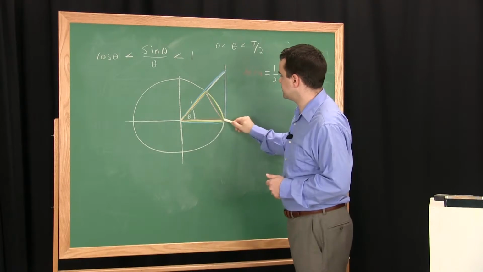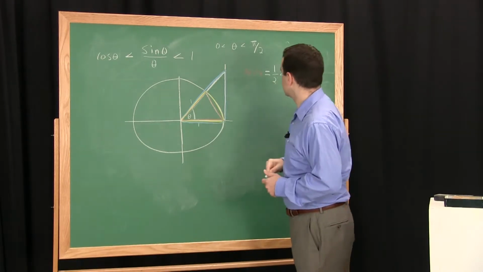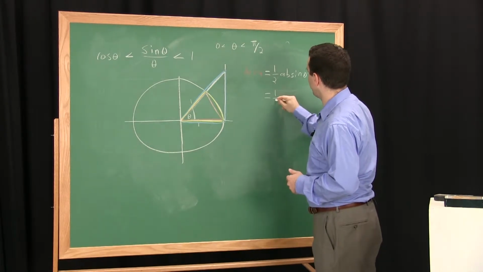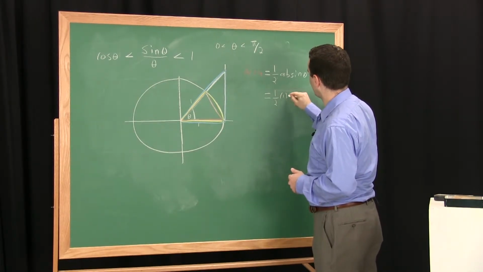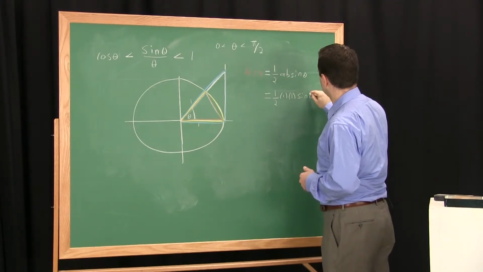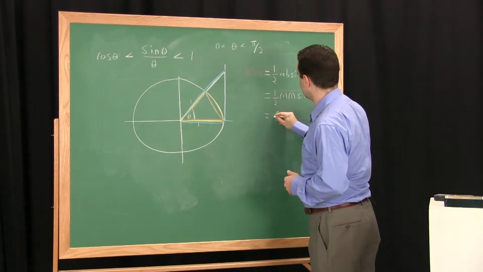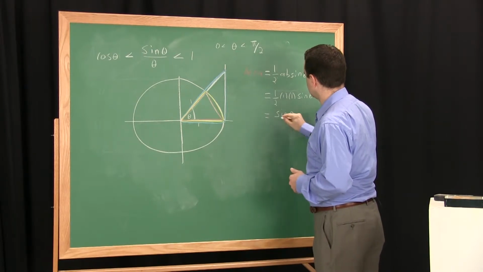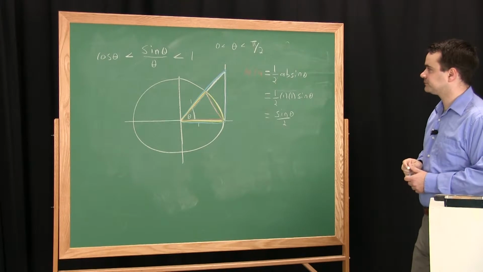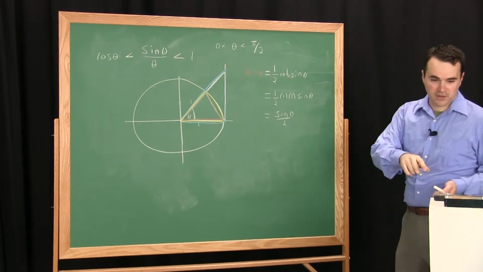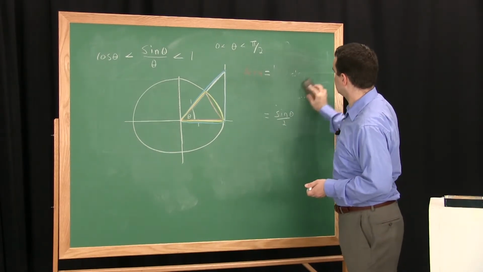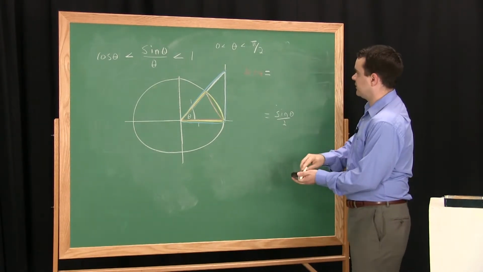This side length is also equal to 1 because it's unit circle. And so when I plug that in, I'm going to get 1/2 times 1 times 1 times sine theta. And so that's just going to give me sine theta over 2. And now that I've got that calculation, let me erase it and just collect it up here.